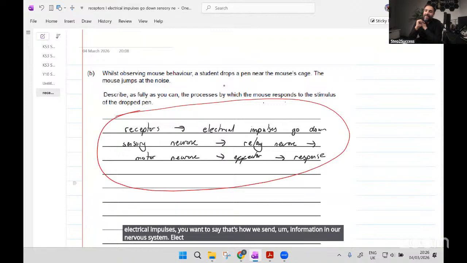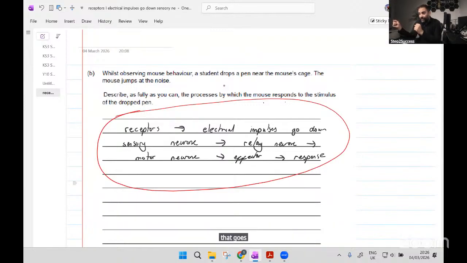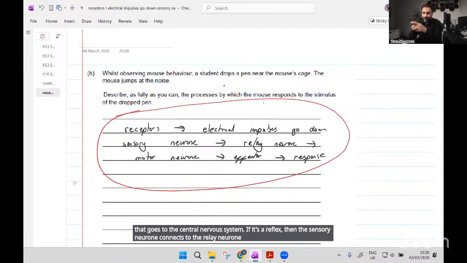Electrical impulses down the sensory neuron. That's the first neuron that goes to the central nervous system. If it's a reflex, then the sensory neuron connects to the relay neuron straight away, which connects to the motor neuron, which is what I've written down here. The motor neuron then sends the impulse to the effector, which might be your arm to move it away from a hot object, and that carries out the response.